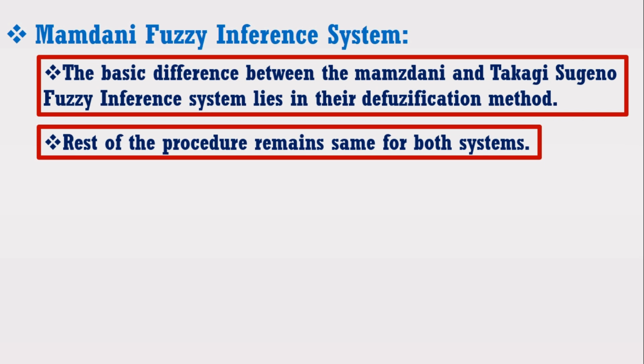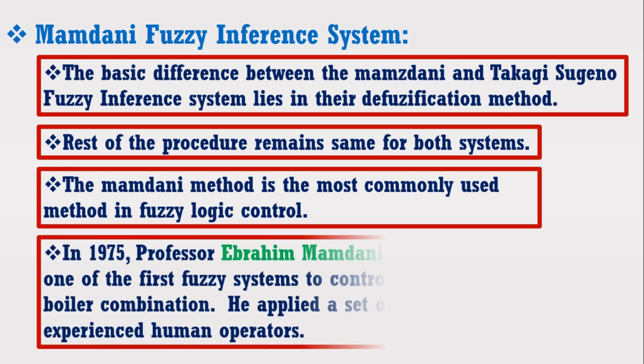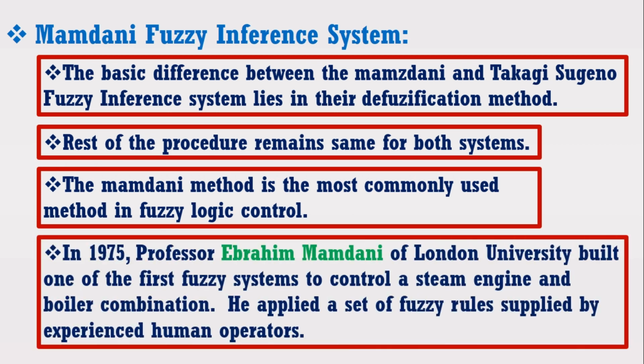The Mamdani method is the most commonly used method in fuzzy logic control. It was introduced in 1975 by Professor Ibrahim Mamdani of London University, who built one of the first fuzzy systems to control a steam engine and boiler combination. He applied a set of fuzzy rules supplied by experienced human operators.